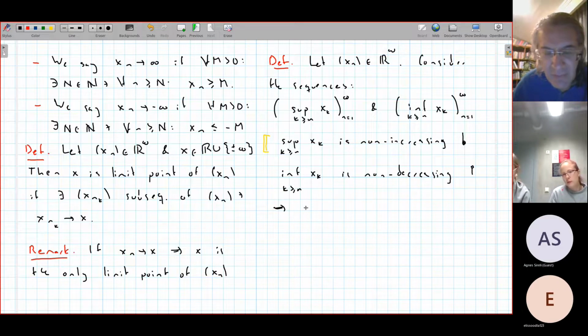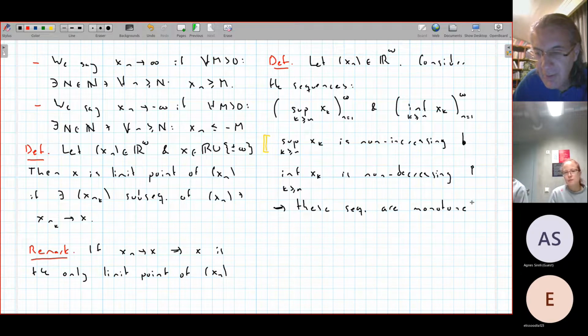Which means that these sequences are monotone. So you see, you have two sequences which are monotone, and you know that every monotone sequence converges, I mean, in the real numbers or plus minus infinity.